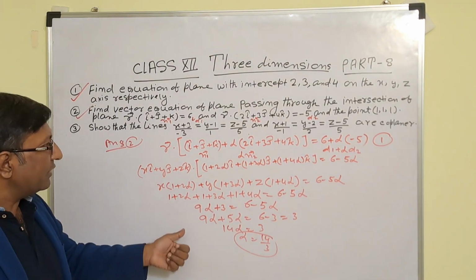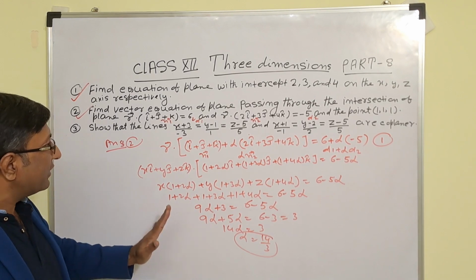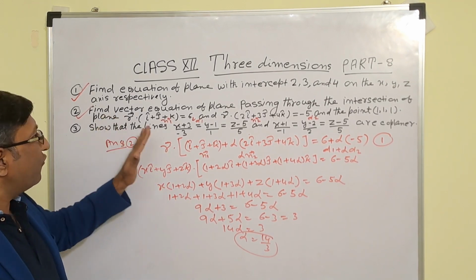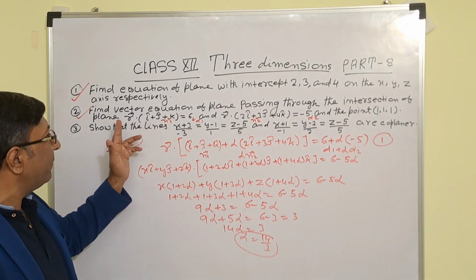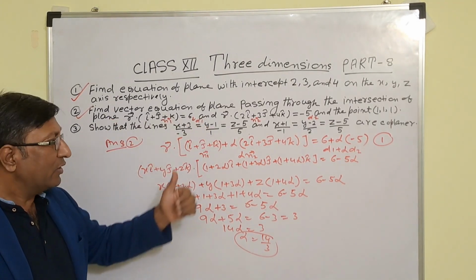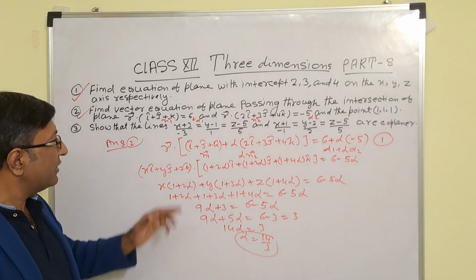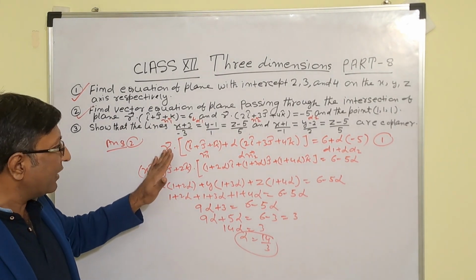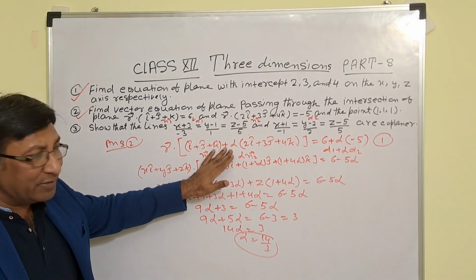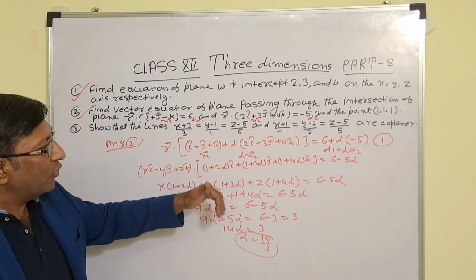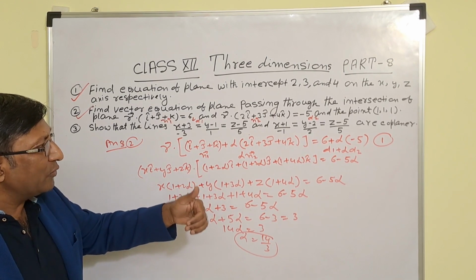So for this type of question, what is the rule? First, find the vector equation of the plane passing through the intersection of the two given planes. For this type of question, this is the important formula: r vector dot (n1 vector plus lambda, any constant, n2 vector) equal to d1 plus lambda into d2.